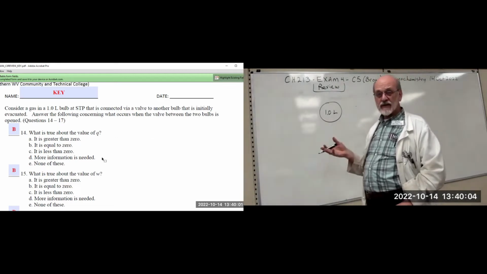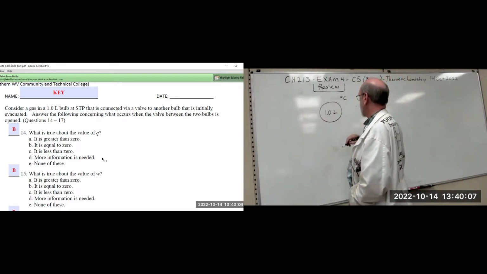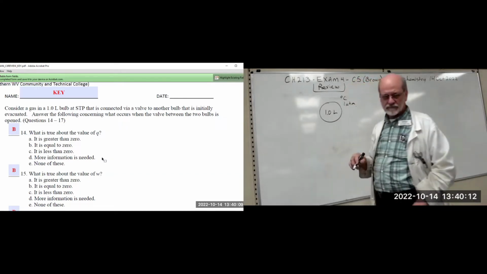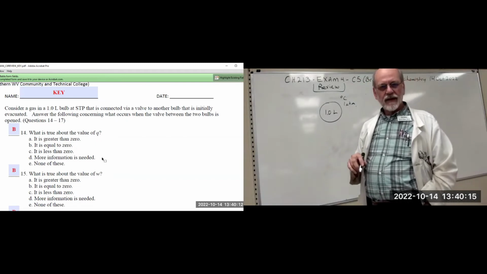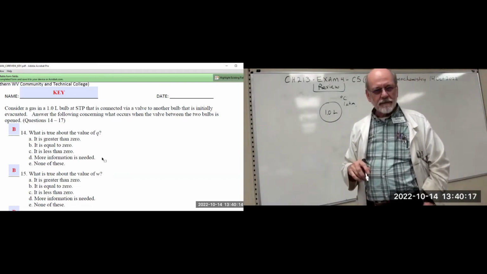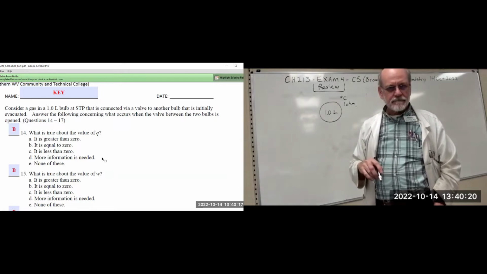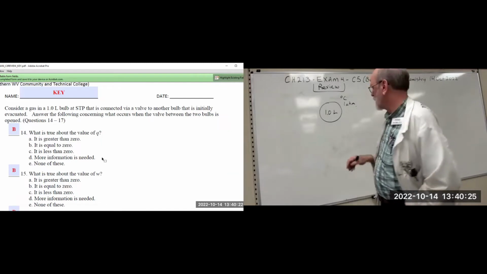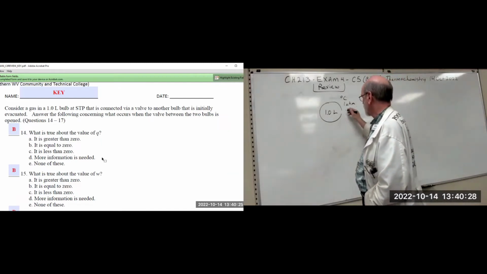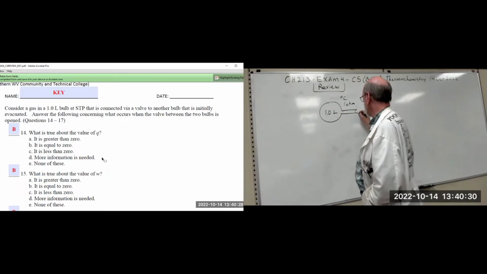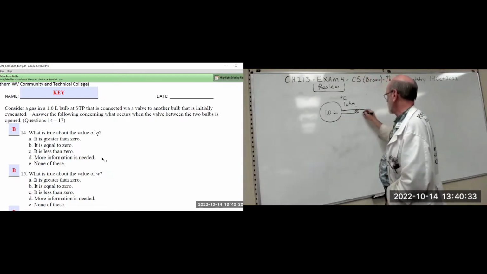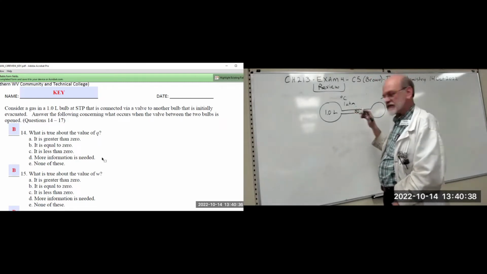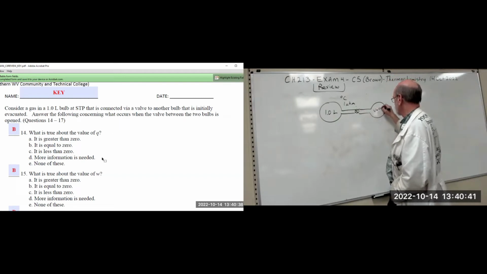For gases, standard temperature is 0 degrees and pressure is 1 atmosphere. It's connected to another bulb with a valve. This bulb doesn't say what size it is, doesn't matter. This is at a vacuum.